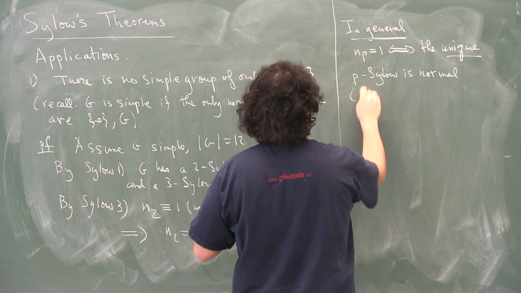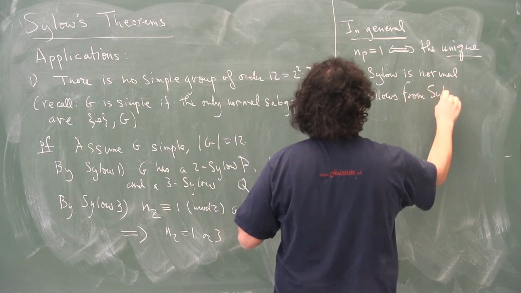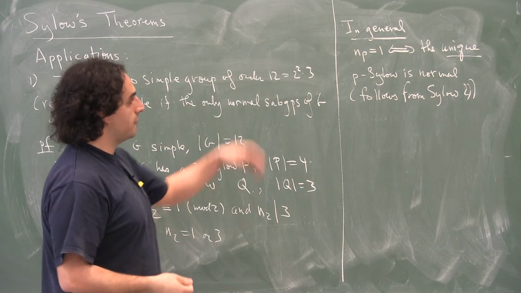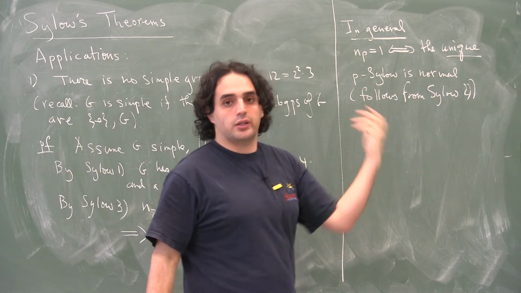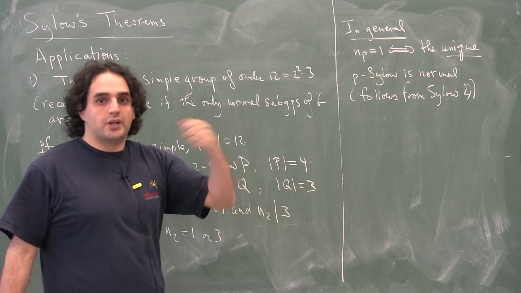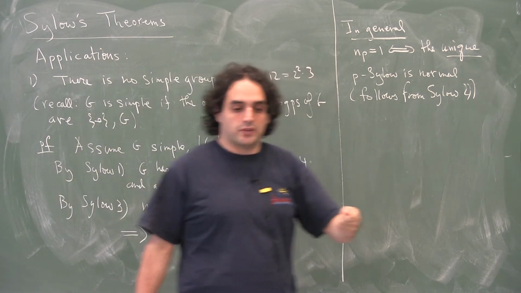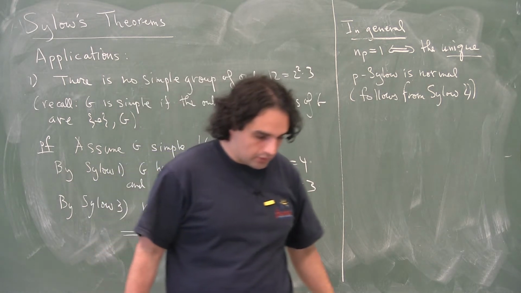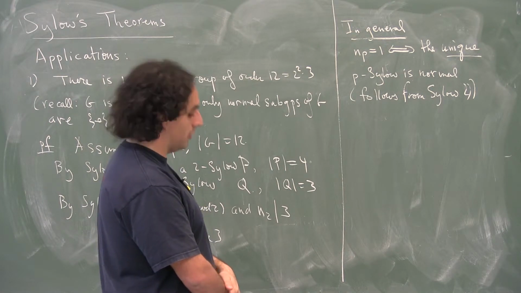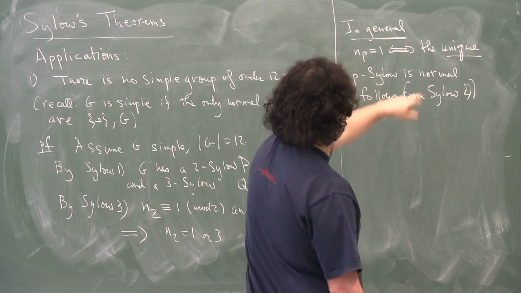This follows from Sylow 2. Because if I have a unique P Sylow, and we call it P, now I conjugate it by an element G, I must get P, otherwise I would get another P Sylow. We said every conjugate of a P Sylow is a P Sylow. So the fact that there is a unique P Sylow says that it is normal.